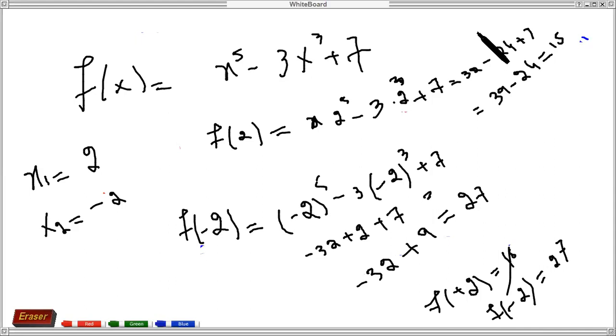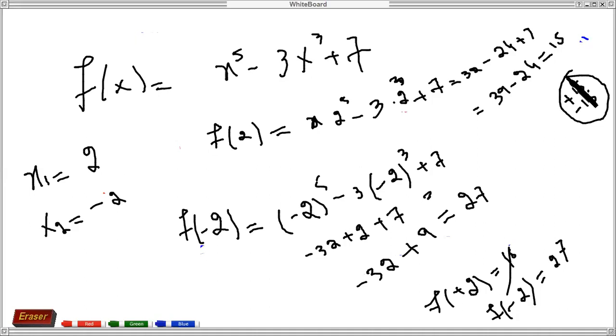Correct? Okay, great. I was thinking this is odd function, but it's okay. But if you are solving a question, from one you receive plus 15, and from second you receive minus 15, then that function is called odd function.